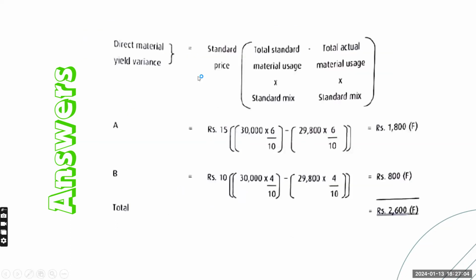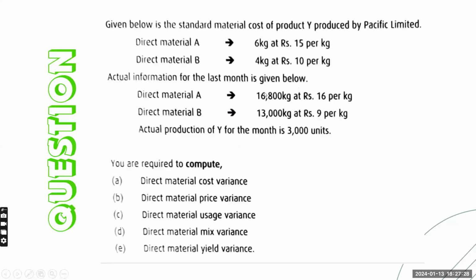Then we have the direct material yield variance. How do we take the direct material yield variance, kids? You have the standard price, total standard material usage, multiplied by the standard mix. How do we take it now? For A, the standard price is 15, you know. How do we take the total standard material usage?